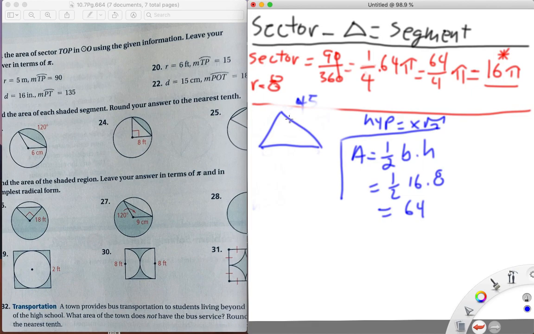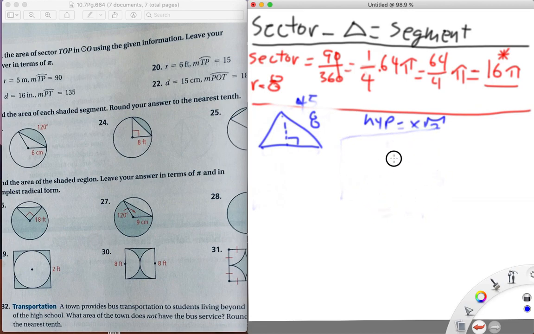It is a 45, 45, 90, but my hypotenuse is 8. My hypotenuse is 8. So I have to find the leg and the base. So using that equation up here, my mistake.